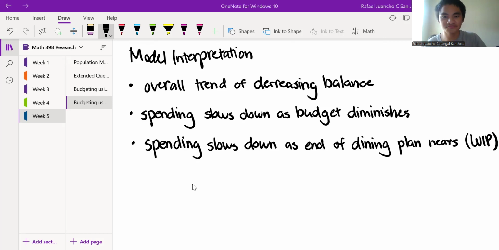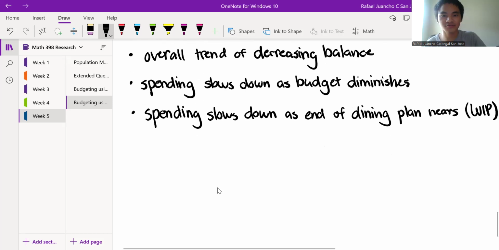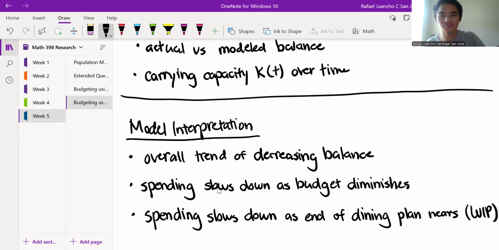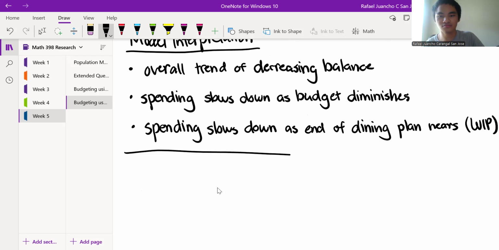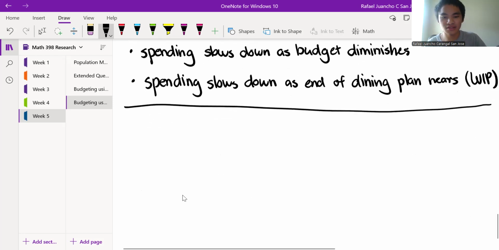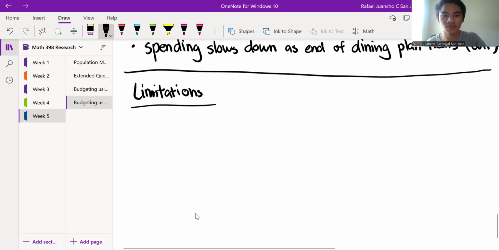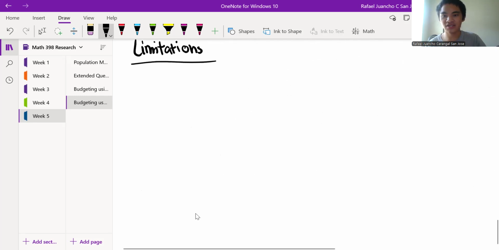And then that's model interpretation. Then this is my limitations. The limitations of this model is that it does not account for irregular or impulsive spending. Actually, doesn't, right?